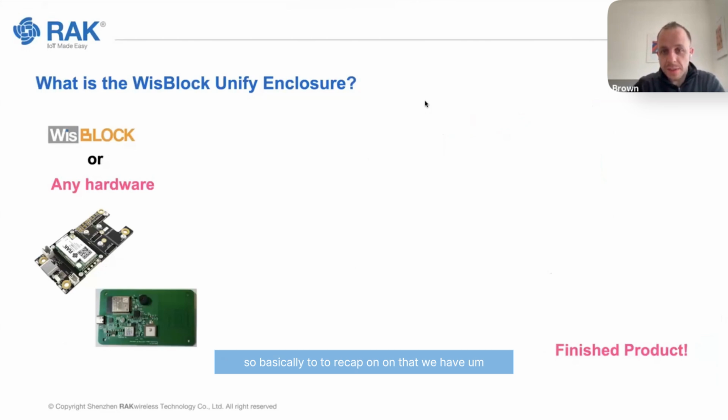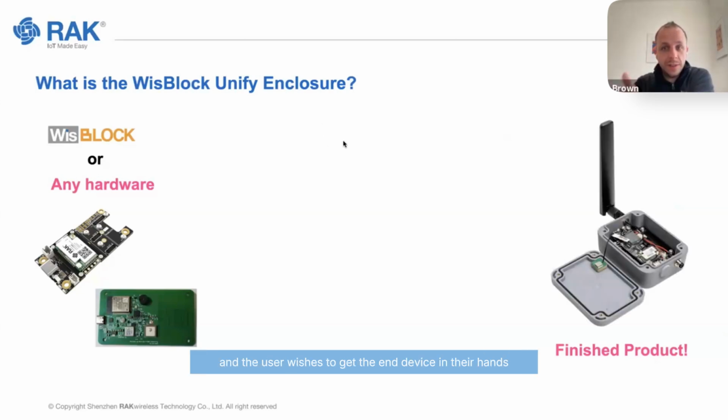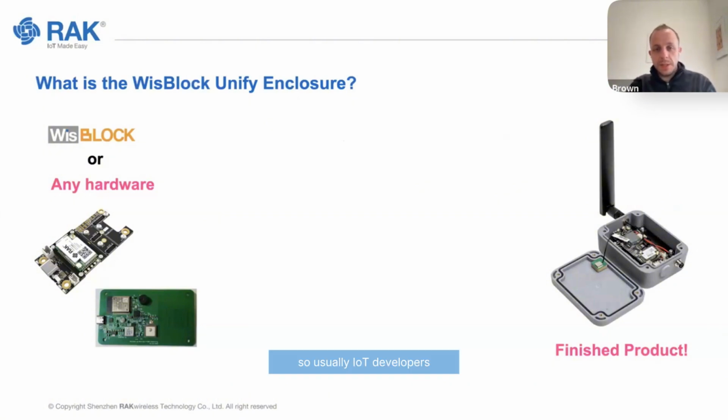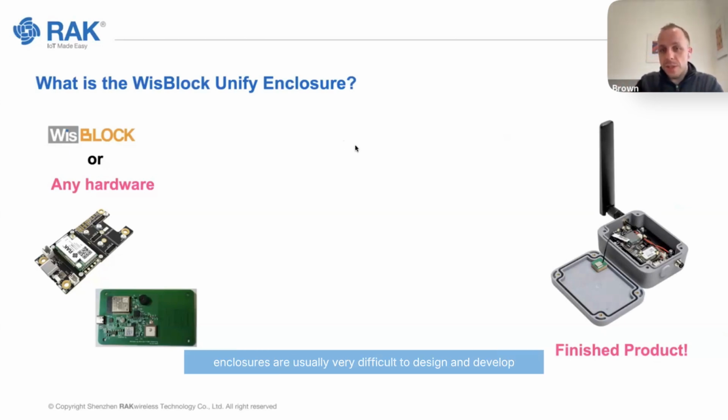So to recap, we have WisBlock or any other hardware, and the user wishes to get the end device in their hands. That's the finished product. Usually IoT developers and hardware businesses developing hardware need to get to the end, but enclosures are very difficult to design and develop, and very costly.